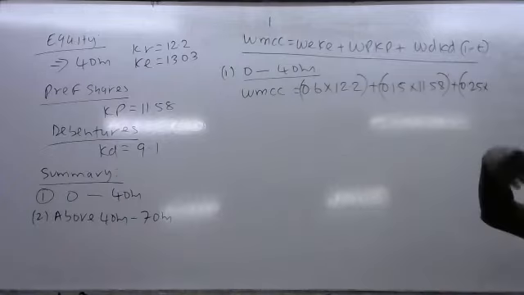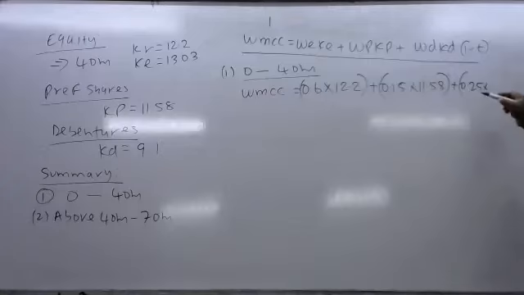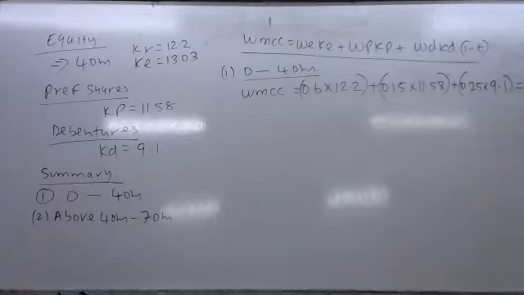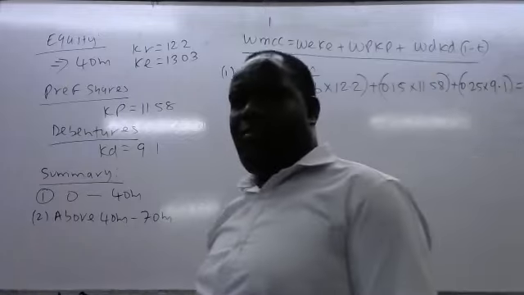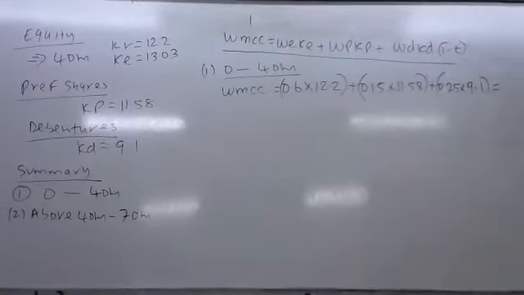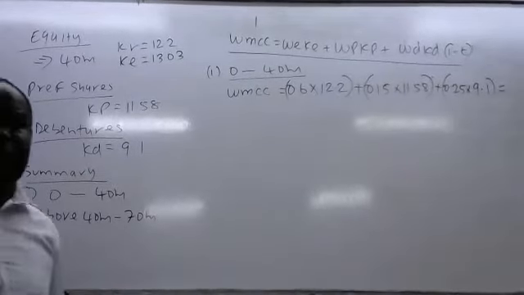It will apply to all of them. It is 9.1. This figure is already after the tax, so don't tax it the way I've indicated up there. It is always after the tax. So we come up with that to give us the WMCC.